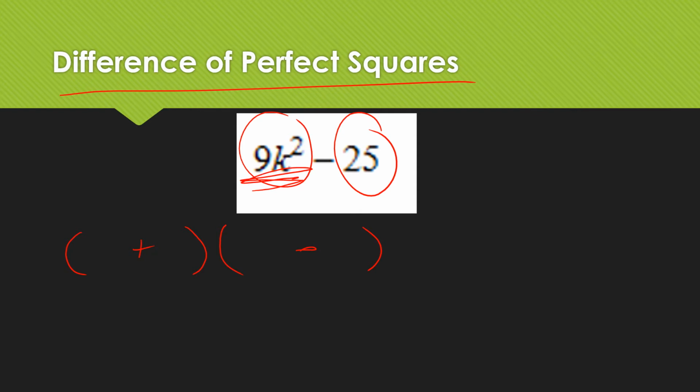So what's the square root of 9? 3. And what's the square root of k squared? K. Sometimes it's going to be the variable repeated. It can depend. In this case, we had a coefficient. Now, the 25, what's the square root? 5. And that's how you factor with difference of perfect squares. That one usually is one that people catch on to pretty quickly because it's a nice simple pattern.